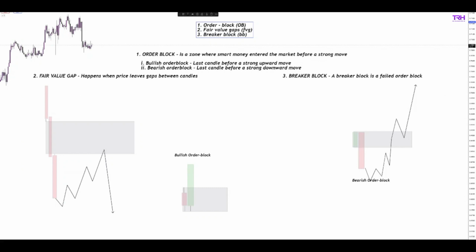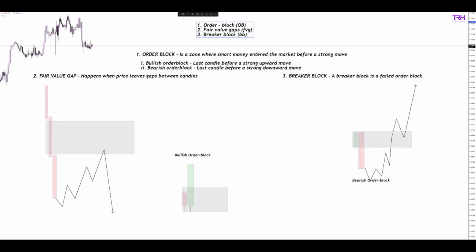So here are cues on how to use this POI, just simple things. Number one, don't chase price. Wait for it to come into the zone, because price will definitely come into the zone before reacting. Number two, look for a reaction: wicks, rejection, candle patterns.